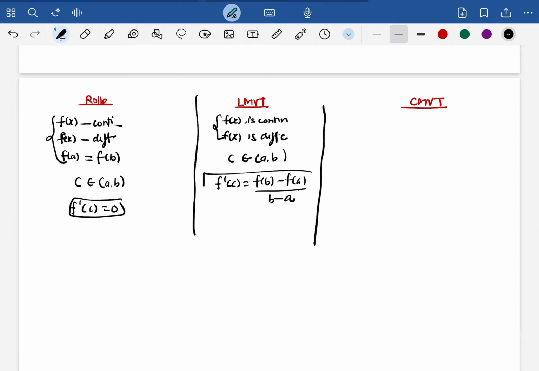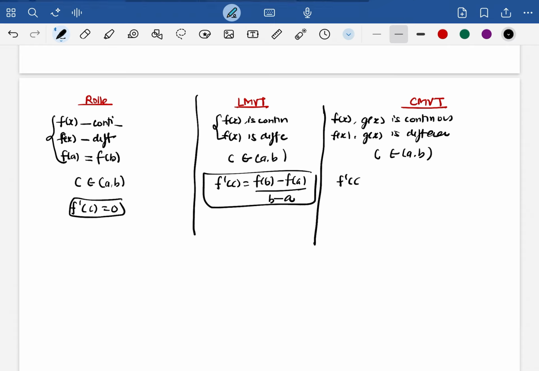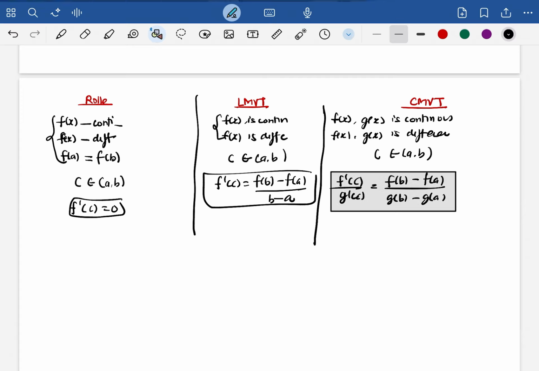In Cauchy's mean value theorem, if there are two functions f(x) and g(x) that are continuous and differentiable, then there exists a c in the range of a to b such that f dash c divided by g dash c is equal to f of b minus f of a upon g of b minus g of a. So this is all about Rolle's theorem, Lagrange's mean value theorem, and Cauchy's mean value theorem.